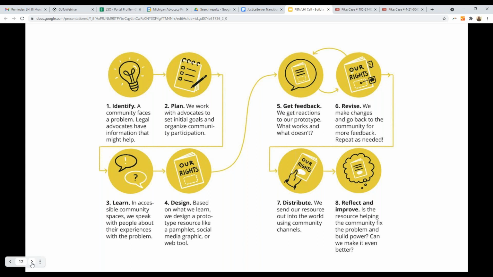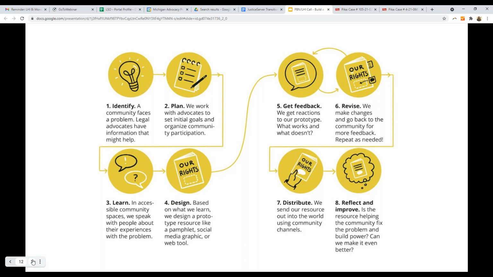This is GAPS, the Graphic Advocacy Project's version of this, and this is emblematic of the process, which follows a traditional UX design process, but more specifically for this legal context. So it's just another way to present the process that was shown on the previous slide, but identifying a problem that a community is facing, planning, working with advocates, again, that information gathering and learning, working with communities, talking with people, understanding their experiences, designing, thinking about what are those solutions, getting feedback, of course, revising, right, iterating.